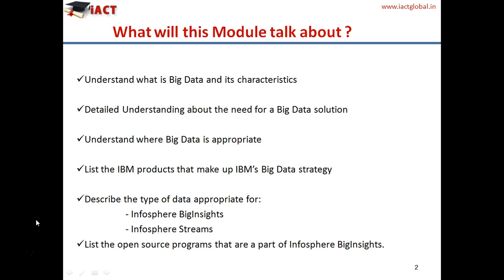We will be able to list the IBM products that make up IBM's big data strategy. We will be able to describe the type of data which is appropriate for Infosphere BigInsights and Infosphere Streams. And at last, we will be able to list the open source programs that are a part of Infosphere BigInsights.